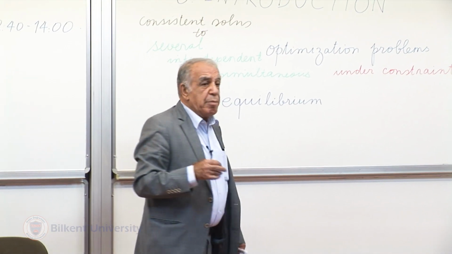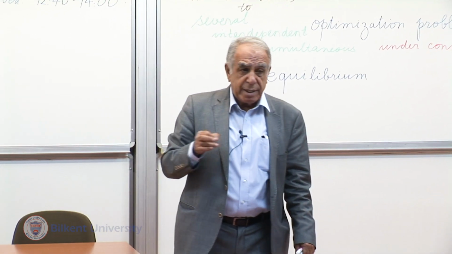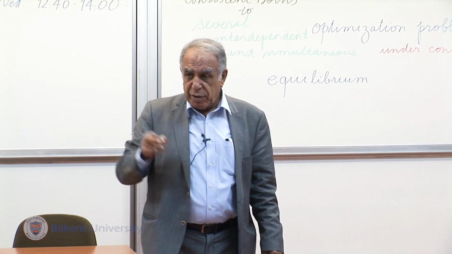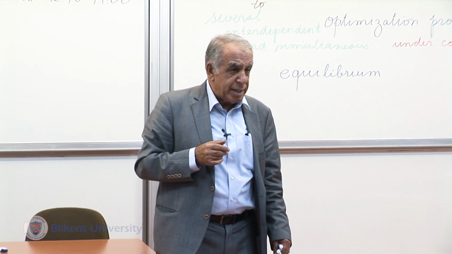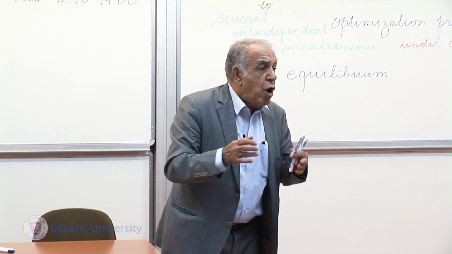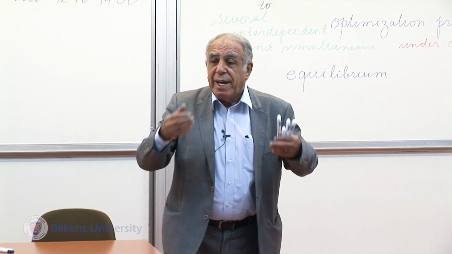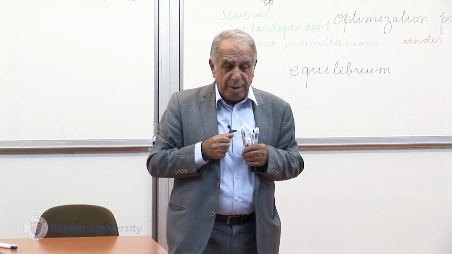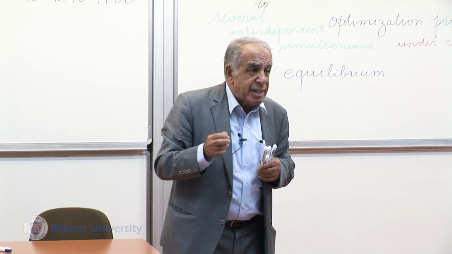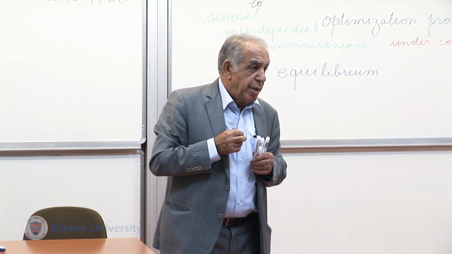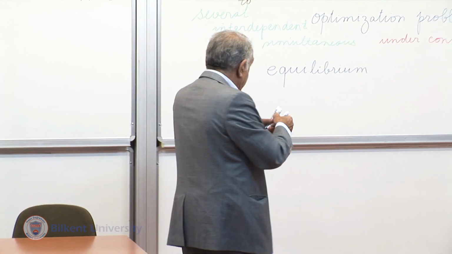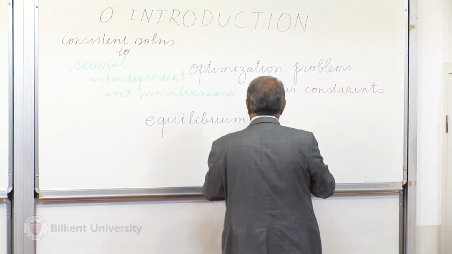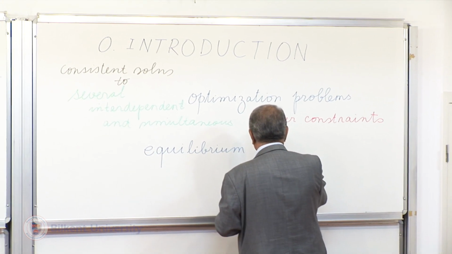You consider the best response correspondences of all the individuals, then you conjoin them into a collective best response correspondence. If that has a fixed point, that turns out to be an equilibrium. So here we need fixed point theorems.